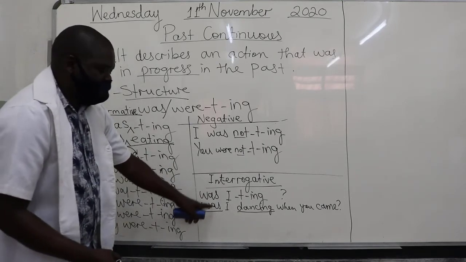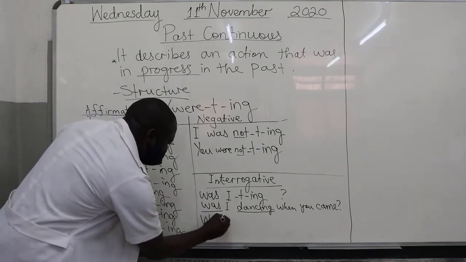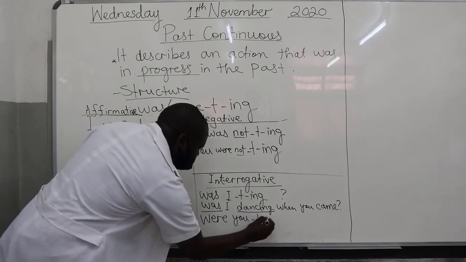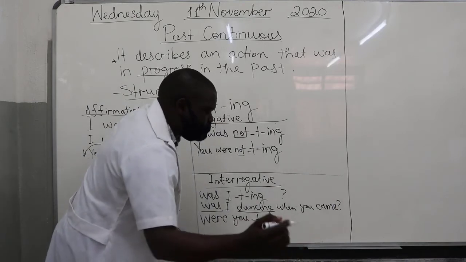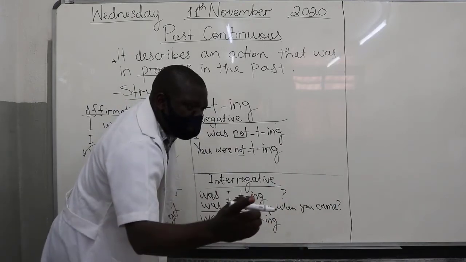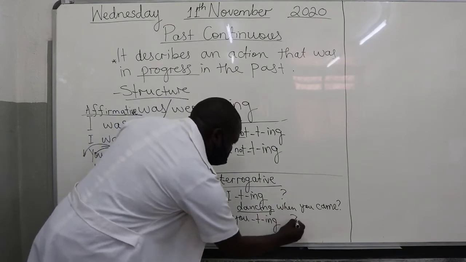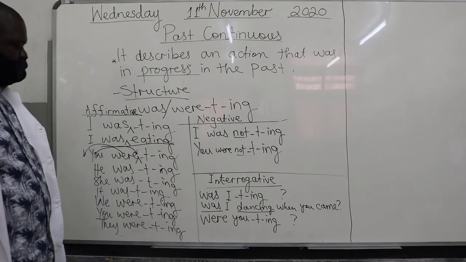So you need to start with the verb. Were you plus the main verb. Were you drinking juice? Were you playing football? It should be a question like this.